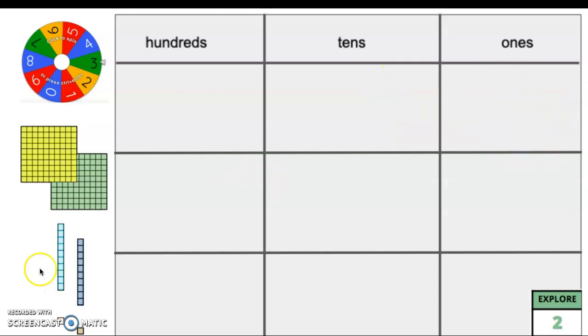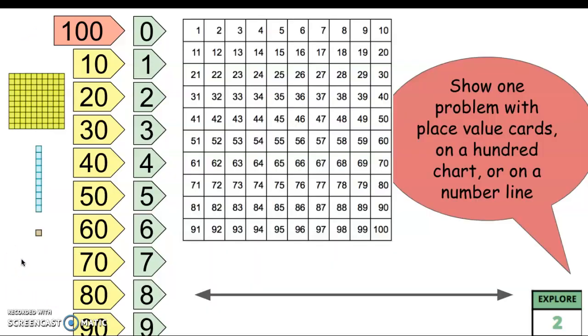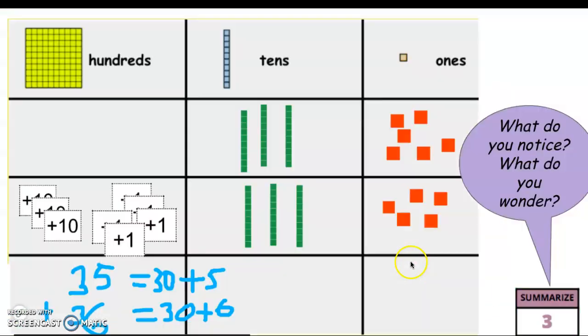Then you're going to add cards of 10 and plus ones to create your second number and see how much you're going to add. You're going to create one or two problems. And you're also going to show your problem with place value cards, such as these. You're also going to show your problem with a 100 chart, or you can also use the number line.